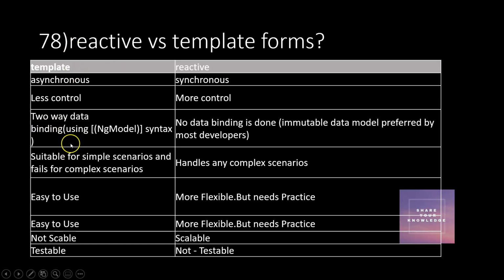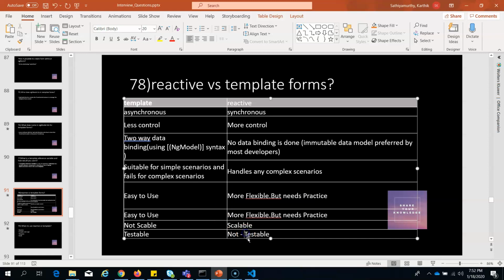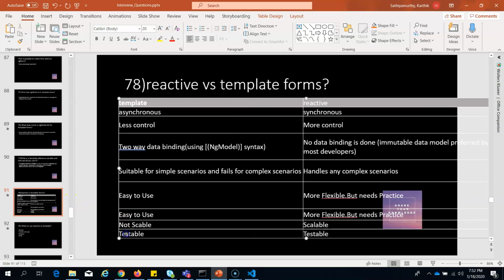Template is suitable for simple scenarios, while reactive also handles complex scenarios. Template is easy to use, but reactive is more flexible, though you need practice to use it. Template is not scalable, reactive is scalable, and reactive is easily testable while template is not easily testable.